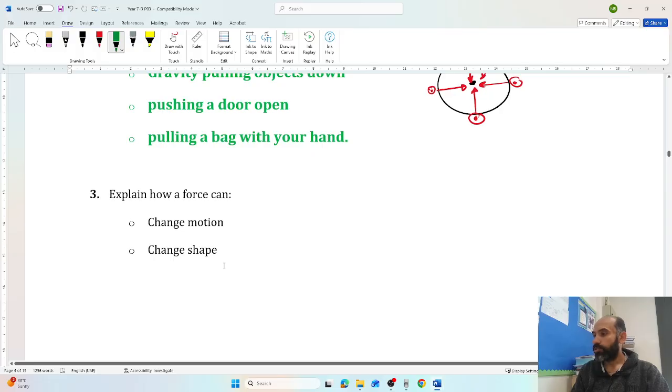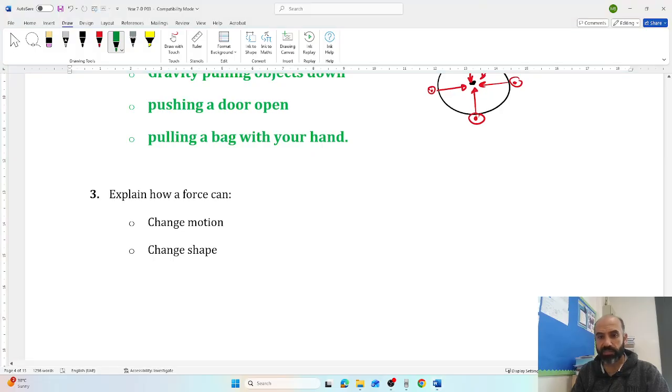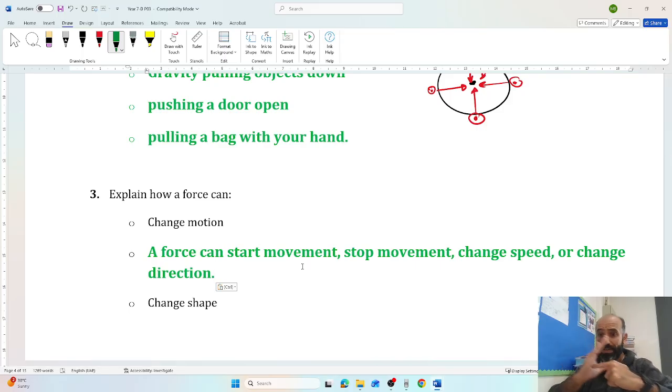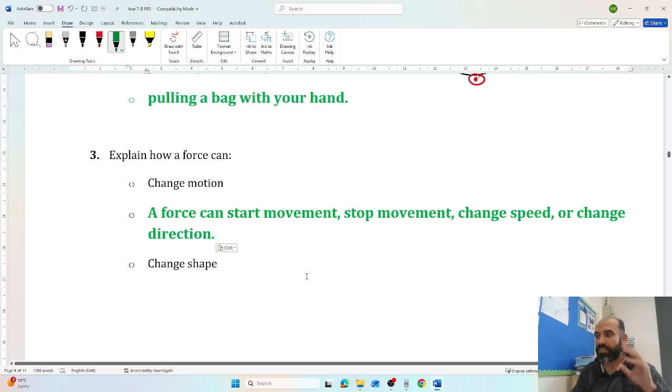Okay? So how can we answer this type of question? If you want to change the motion of the object, a force can start movement if we have a static object and you just push it with a force which is more than the friction force, the object will start to move, or stop the moving if the object is moving to the right and you are applying force to the left, and if this force is greater than this force, so the object will stop after covering some distance which is called stopping distance, or change the speed.